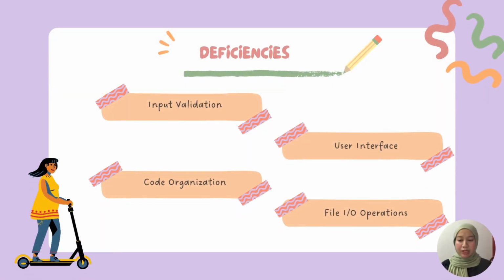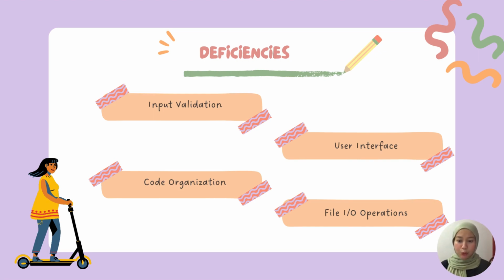The Awesome Bike Rental system has notable deficiencies, impacting its robustness and user experience. These include the lack of comprehensive input validation, leading to potential runtime errors. The user interface, especially in capturing customer information, is not intuitive. Magic numbers and suboptimal code organization reduce maintainability.